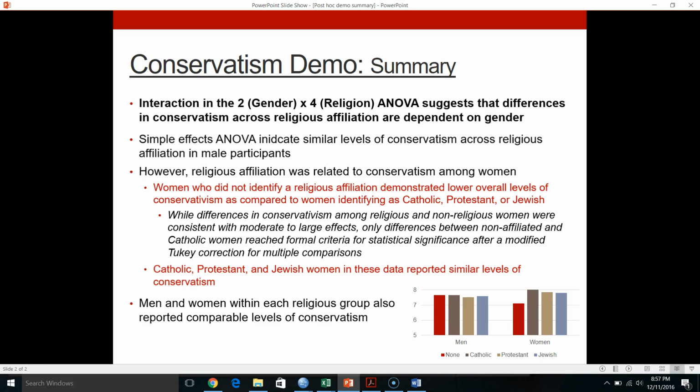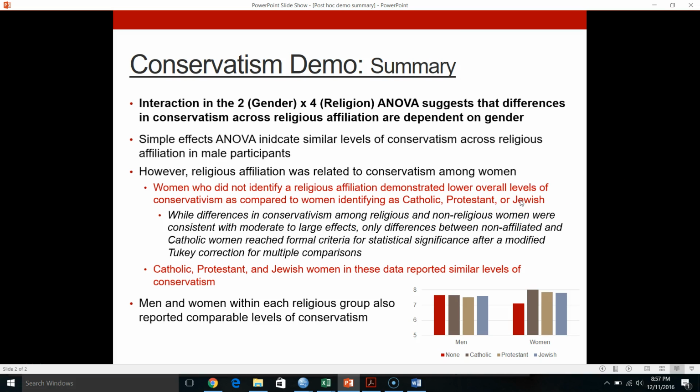However, we see that religious affiliation does appear to be related to conservatism among our female participants. Okay, we see that in general, women who didn't identify religious affiliation had lower overall levels of conservatism relative to women identifying as Catholic, Protestant, or Jewish.